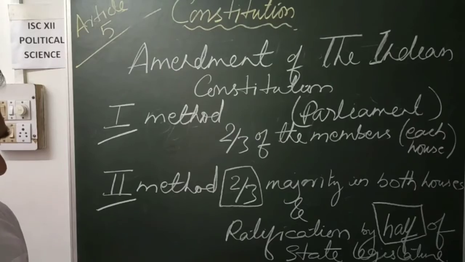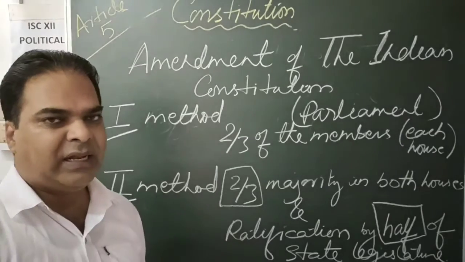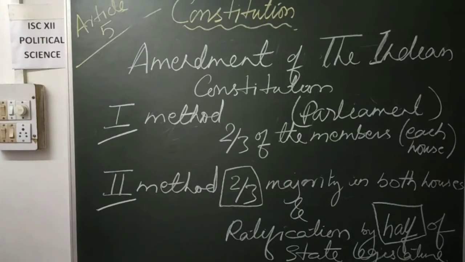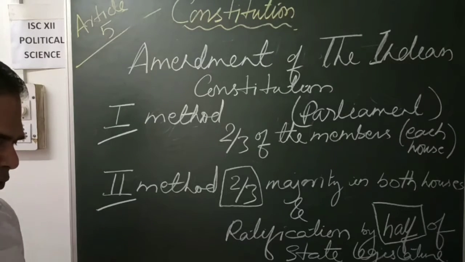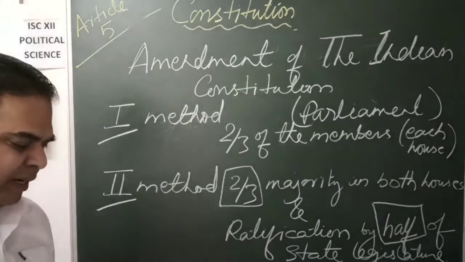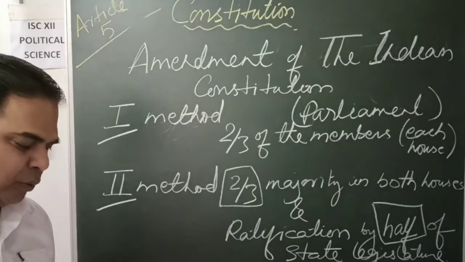The provisions which can be changed in a very flexible way, you can see over here, are articles number 2, 3, 4, providing for the admission and establishment of new states. Formation of new states, alteration of areas, boundaries or names of existing states, and laws made under Article 2 and 3 of the Constitution.